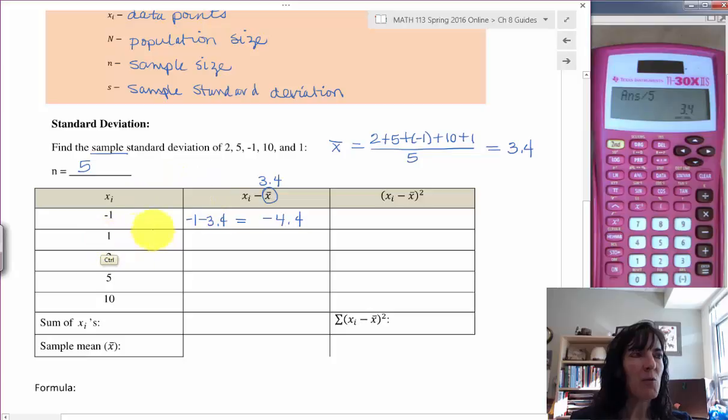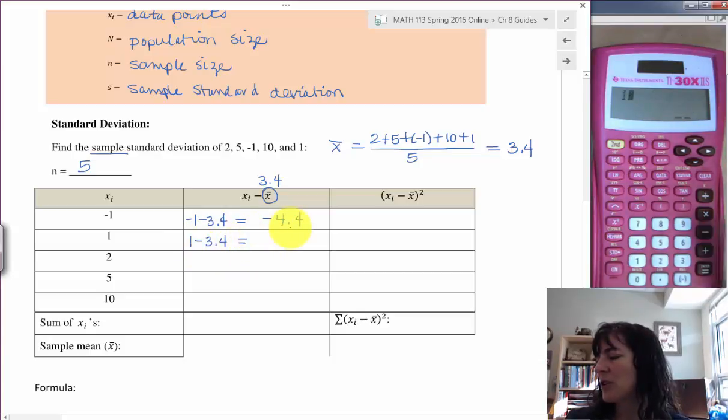And then I have 1 for my next data point, so it'll be 1 minus 3.4. Let's just do that real quick. 1 minus 3.4, I get negative 2.4.